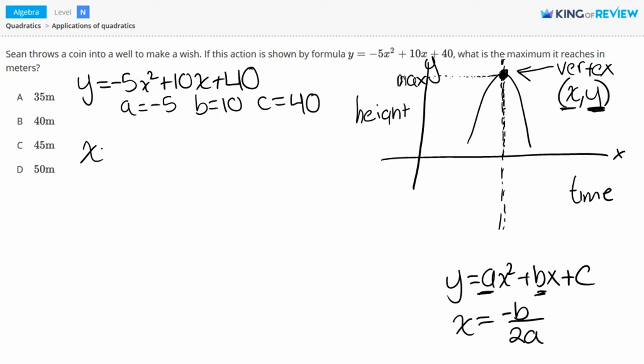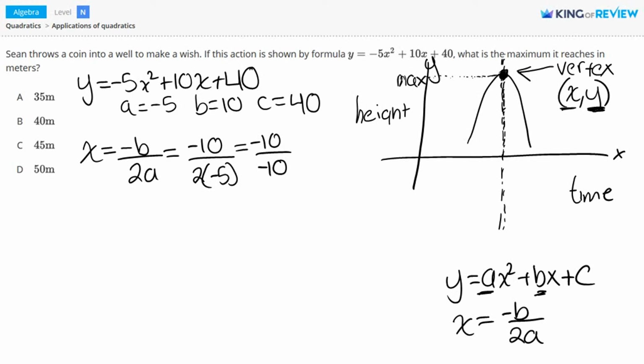To find the axis of symmetry of this specific parabola, we have x equals negative b over 2a. We have negative 10 divided by 2 times negative 5. This equals negative 10 over negative 10, and this equals 1.